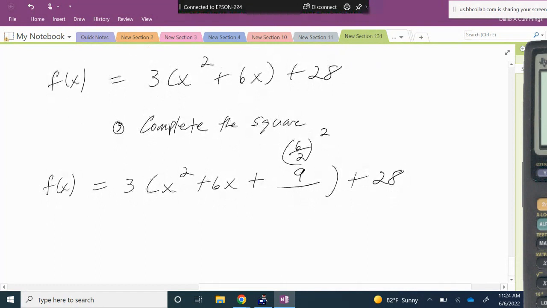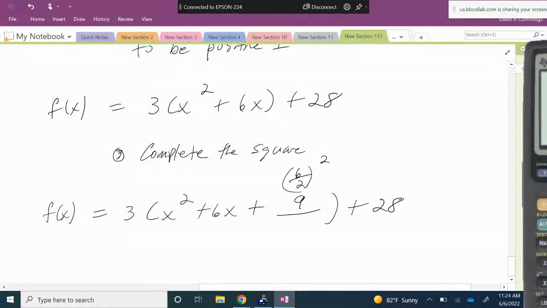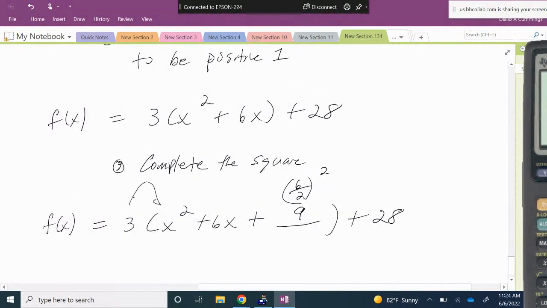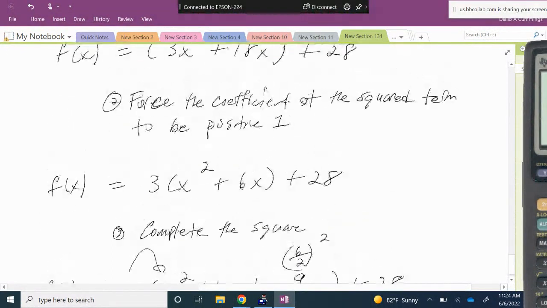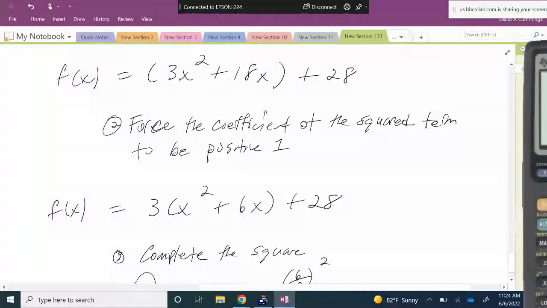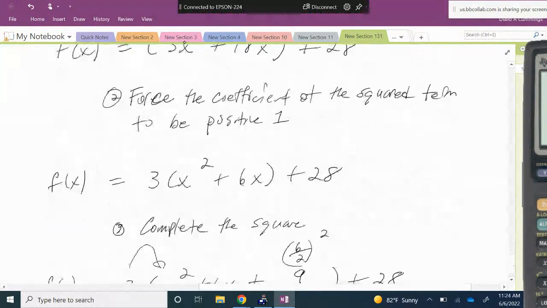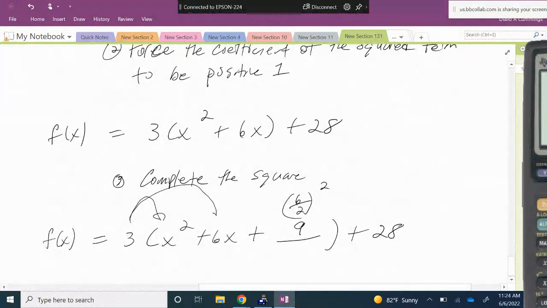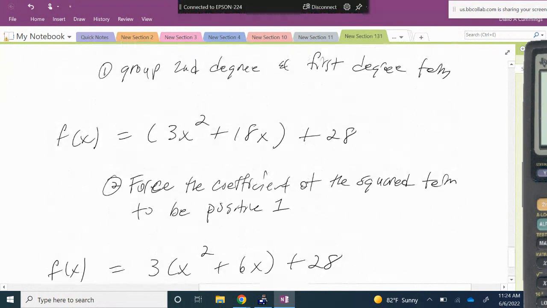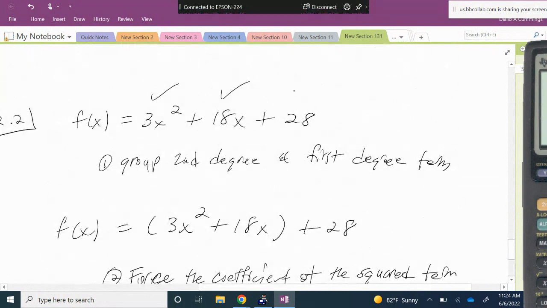And this is where you have to be careful on this one, because we just added something that wasn't originally there. 3 times x squared is 3x squared. We started with 3x squared right here. 3 times 6x is 18x. We started with 18x, that's right here. And then we also started with that 28.